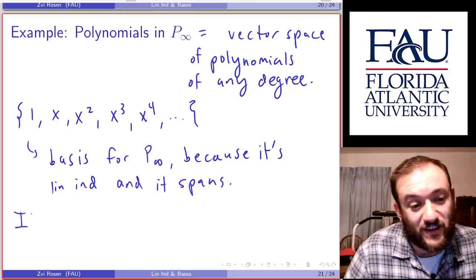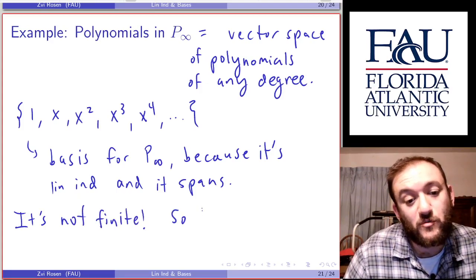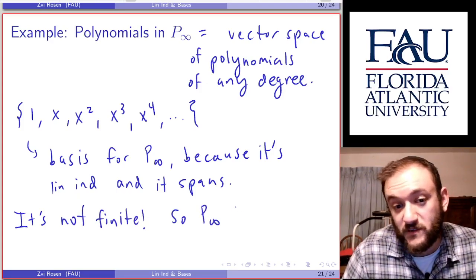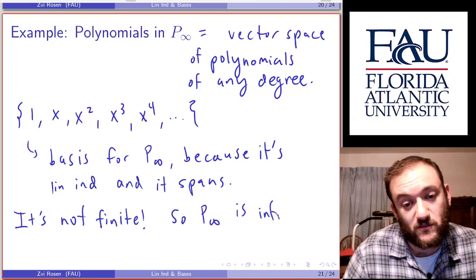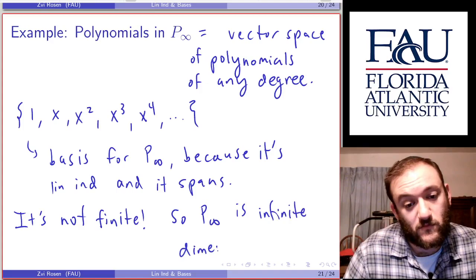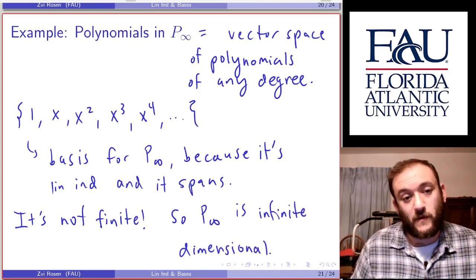But it's not finite. So P infinity, the space of all polynomials, is infinite dimensional.